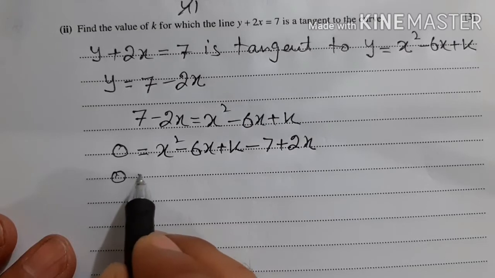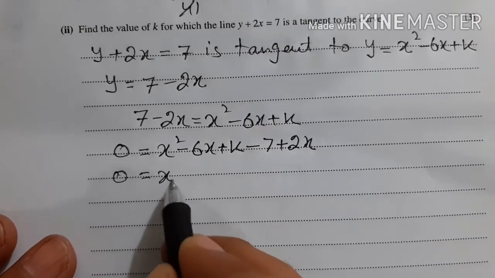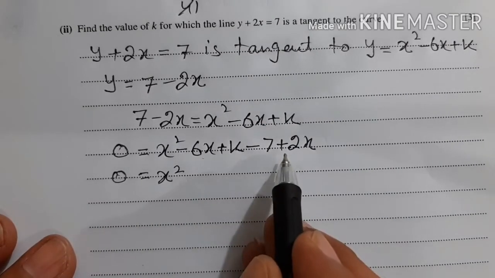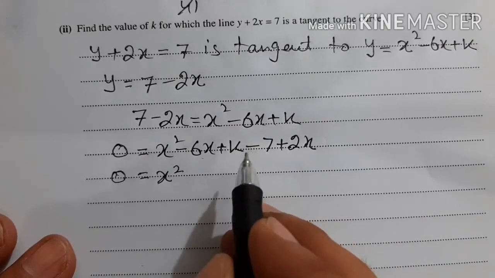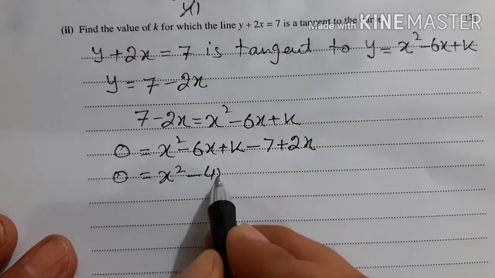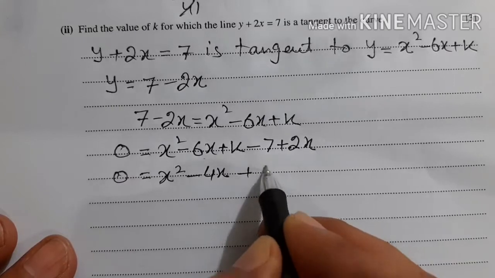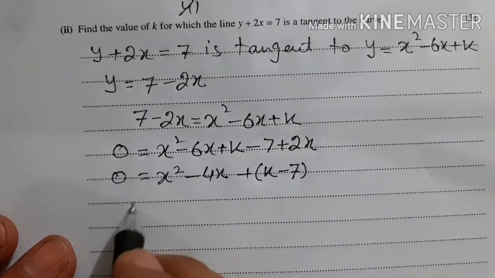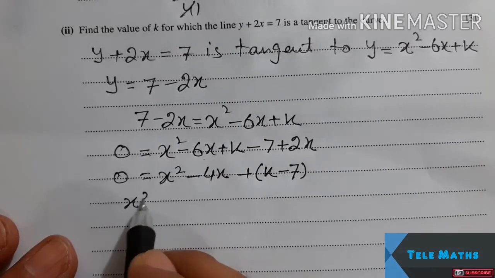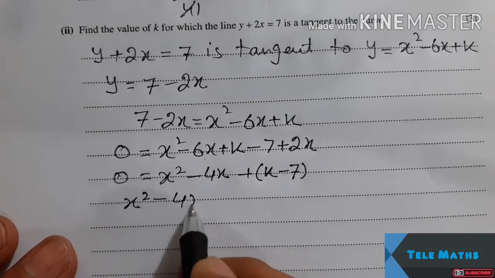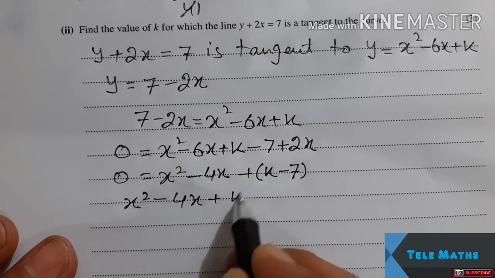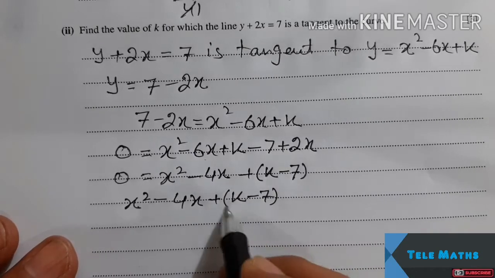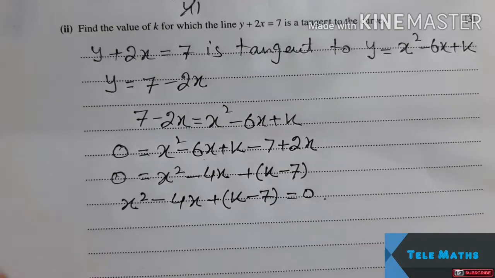Or it can be written as 0 is equal to x square minus 6 plus 2, which is minus 4x, plus k minus 7. This is our constant. Or I can write it as x square minus 4x plus k minus 7 is equal to 0.